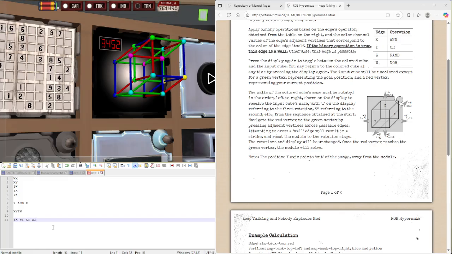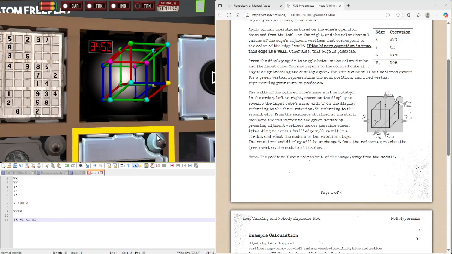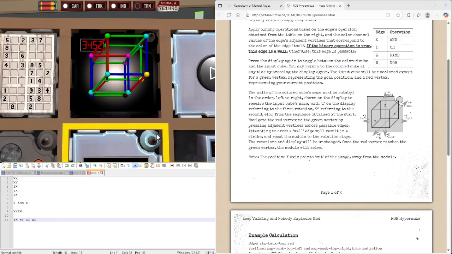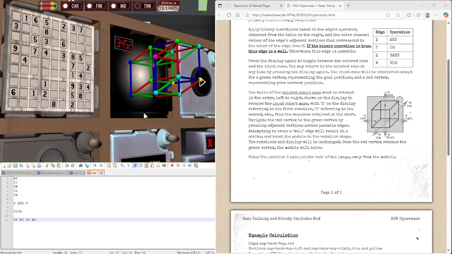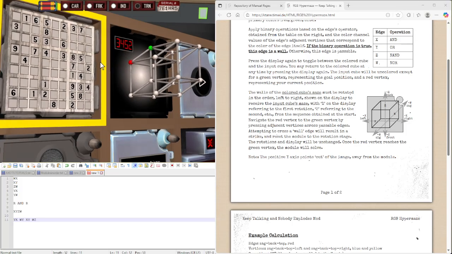This is Y, so YX is positive Y to positive X. WY, we're not on Y. XY, so we don't have W or Y, so XY is back to here. WZ, we're on Y, so it doesn't matter. So it is this edge, which is full, so I think we can go down there. Okay.